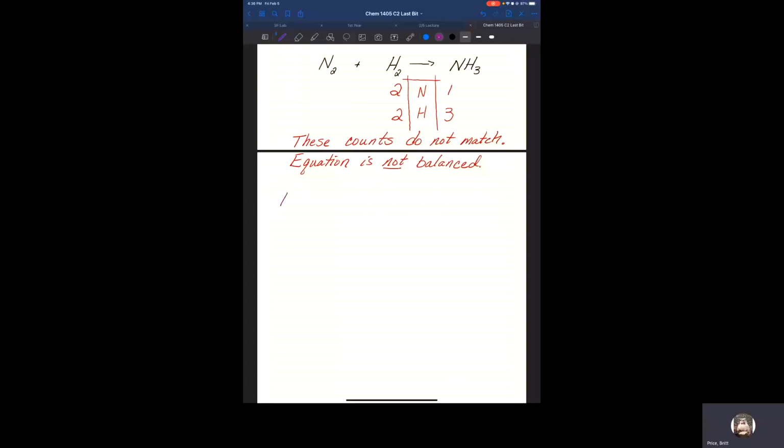Let's show you what it looks like balanced. So balanced out, it's going to be N2 plus 3H2 goes to form 2NH3.